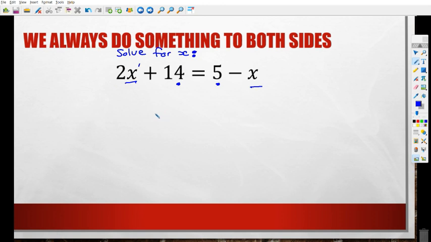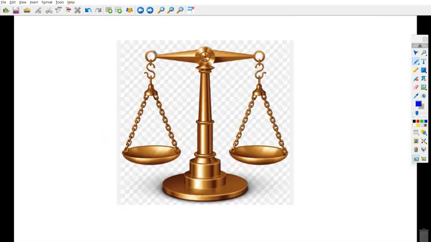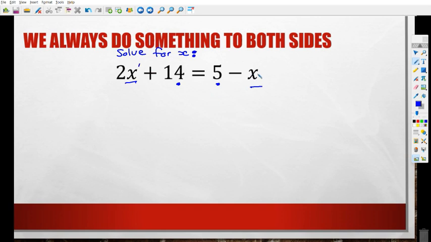When I say I'm going to take this x across, I know your teachers say I'm going to take this x across and it's going to change the sign. But why are we doing that? Why is the sign changing? Because remember, when I had my scale, what I do to the one side, I need to do to the other side. So if you look at this over here, how do I get rid of this minus x on this side?